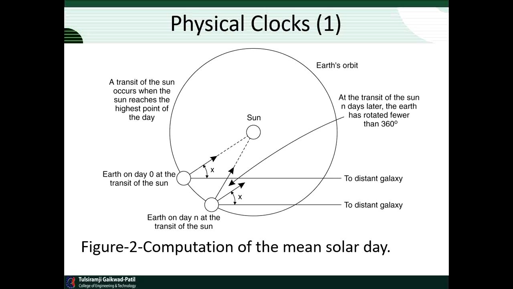Let us digress slightly to see how time is actually measured.